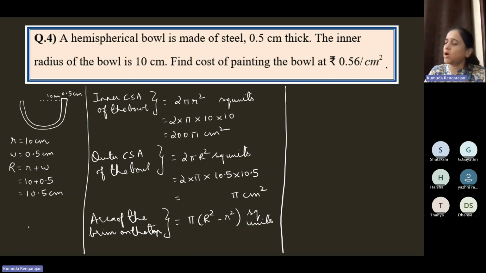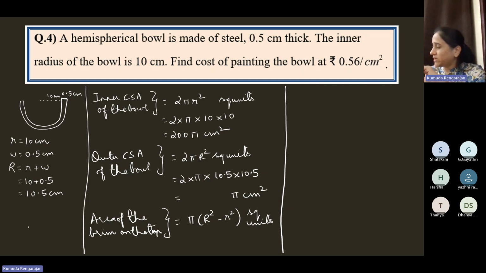See, the question is to find the cost of painting the bowl. So the intermediate answers, you can find in pi itself. Supposing they had asked you to find the inner CSA of the bowl, then you cannot leave it as 200 pi. You would have to use the value of pi and find the answer of the fraction.